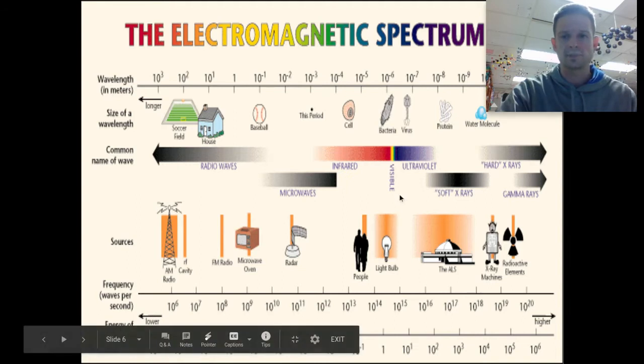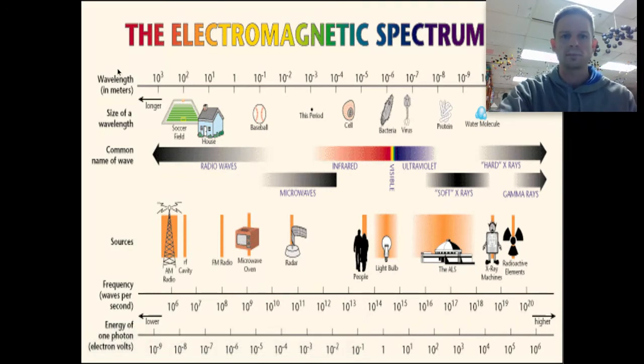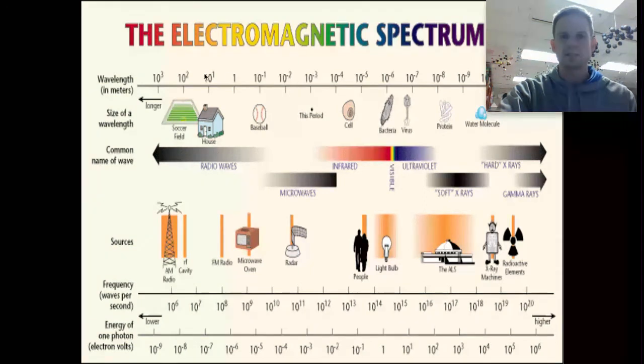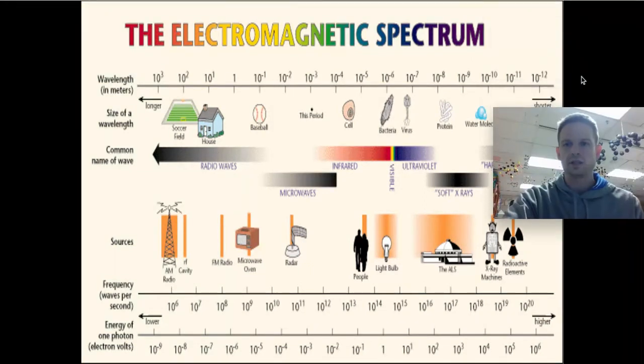Let's see. We have our functions of the electromagnetic spectrum, and you can just take a quick look at this. We have wavelength up here, and what these numbers mean. They're in meters, from 10 to the third all the way down to 10 to the negative second.